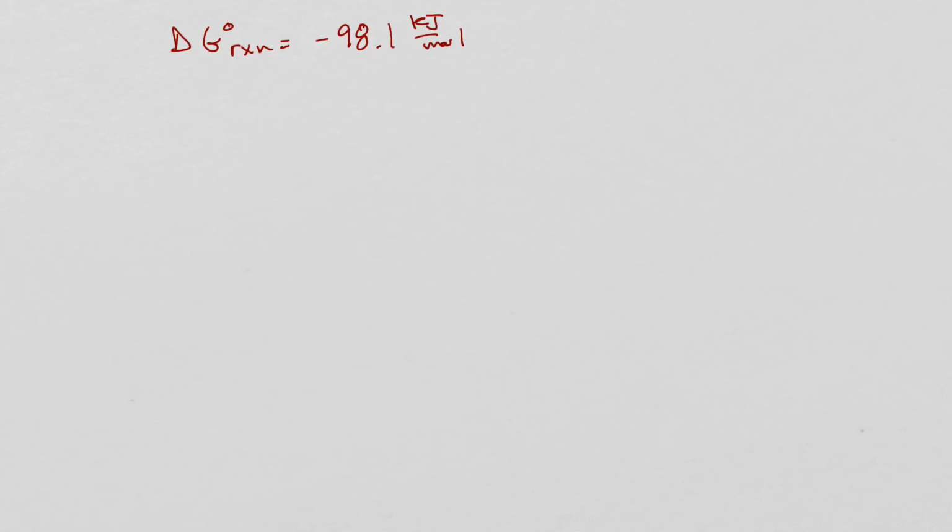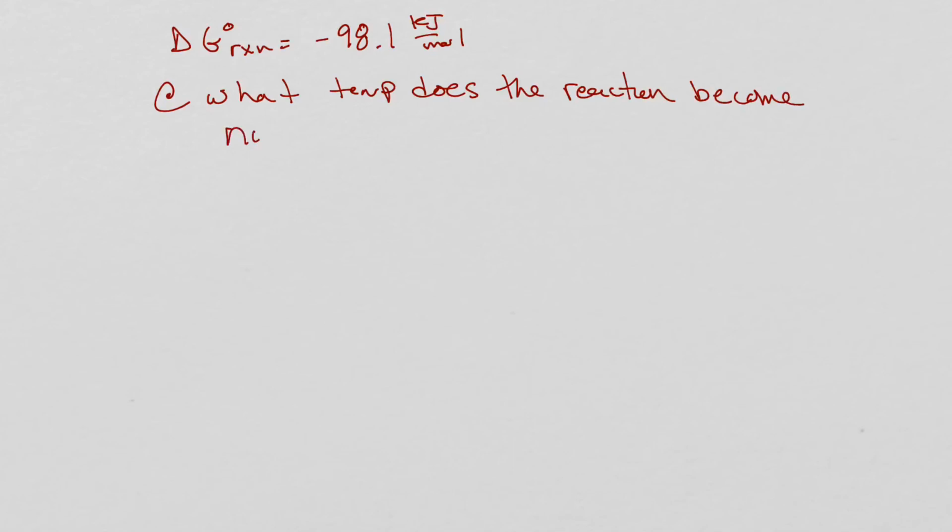So what we're going to do is try to find at what temperature the reaction, in this case, becomes non-spontaneous, because it's already spontaneous here. So the technique that we use is we want to find where delta G flips from being negative to positive.